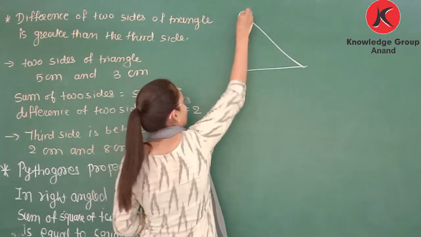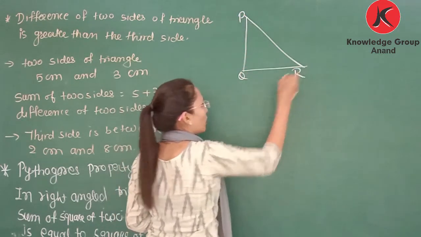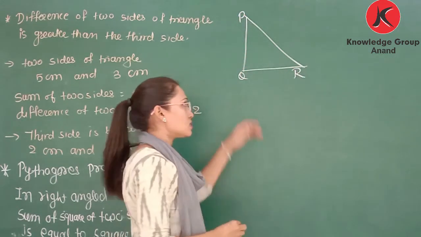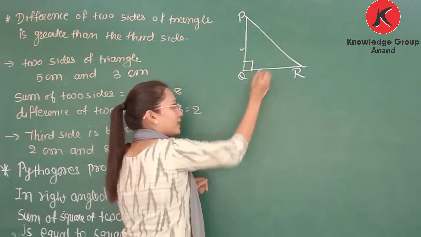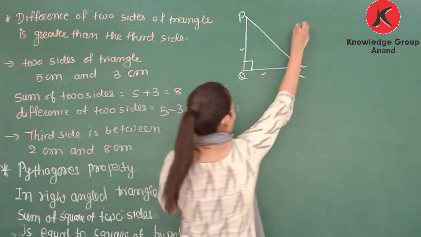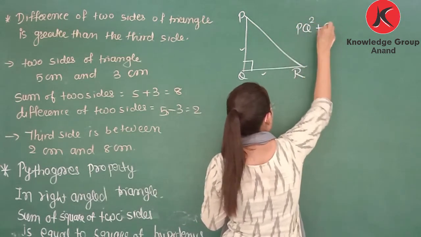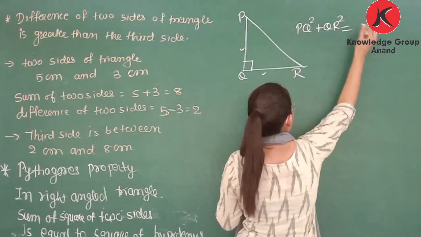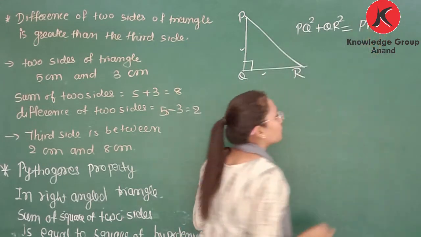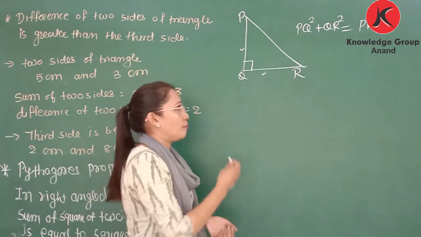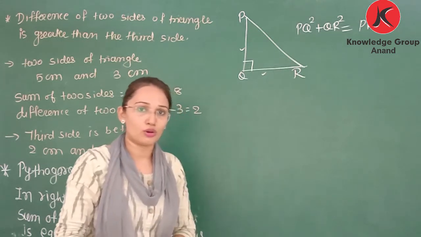So if we consider right angle triangle PQR, then these two sides are making the right angle. So PQ square plus QR square is equal to the square of the hypotenuse, that is PR square. Okay, we solved many examples using Pythagoras property.